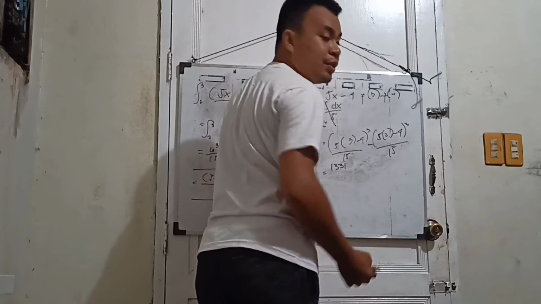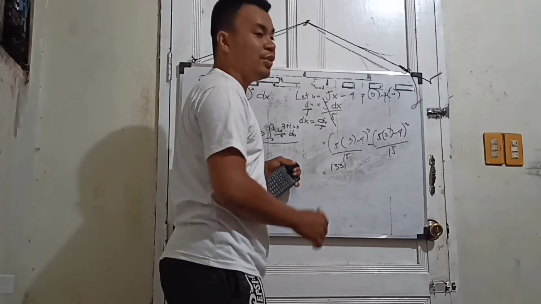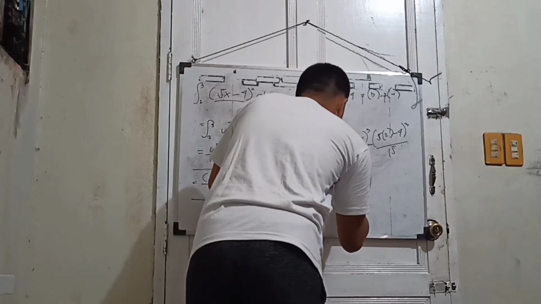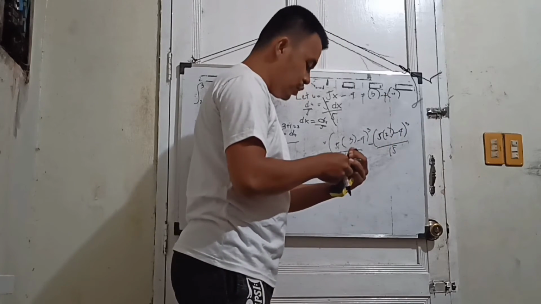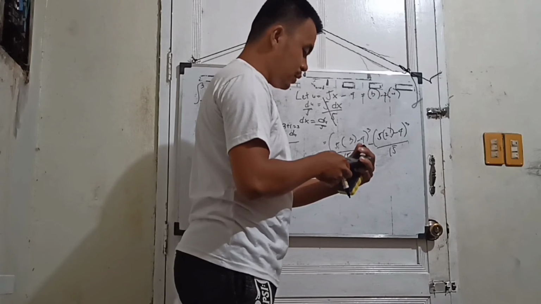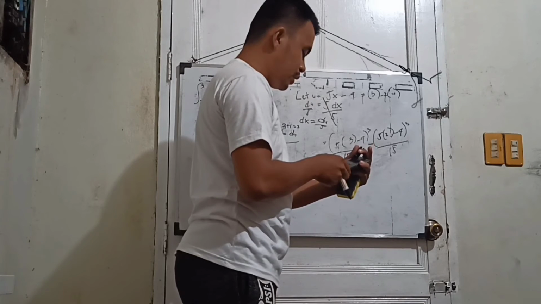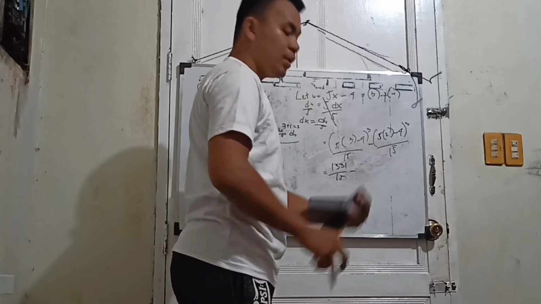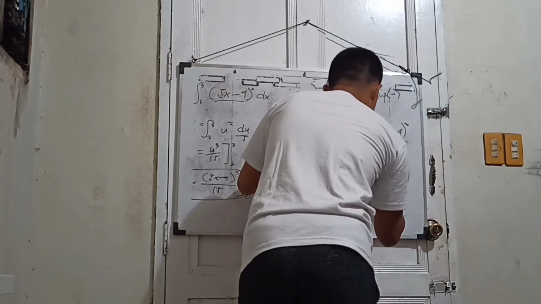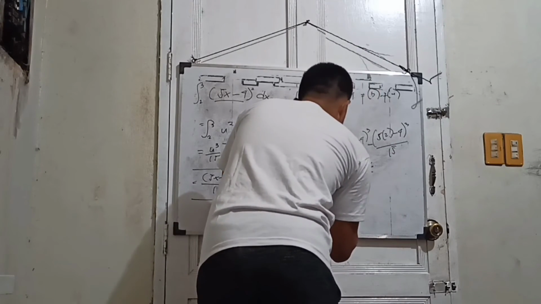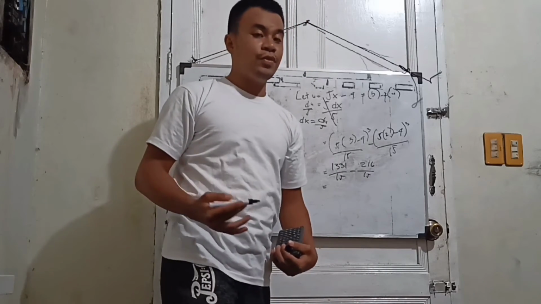Copy the denominator, 15, minus the value of F of a, which is 5 times 2 minus 4 raised to the third power, which is 216. 216 over 15. So, 1,331 over 15 minus 216 over 15.